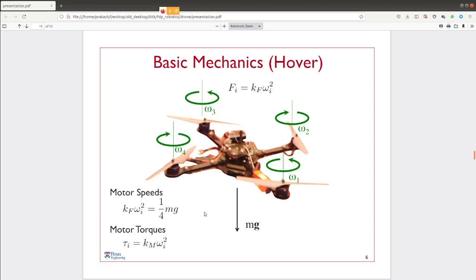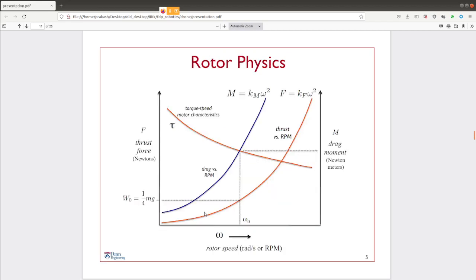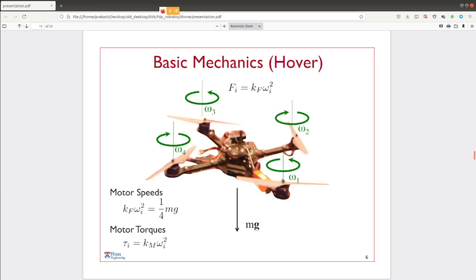What about torque? Once again, if we see this curve, this is the torque exerted on the rotor, which is km times omega square. It's proportional to omega square, which is what is given over here. This is the motor torque.